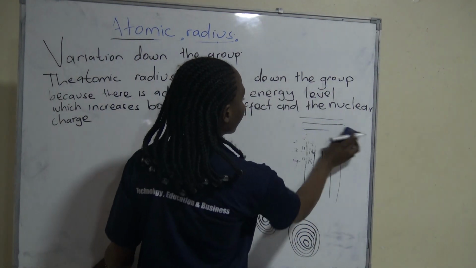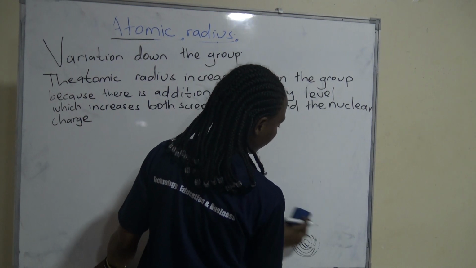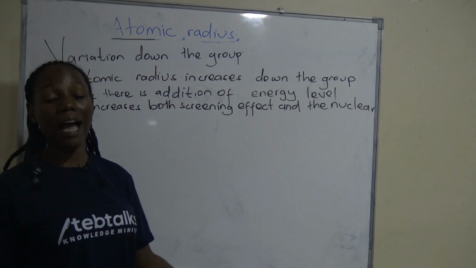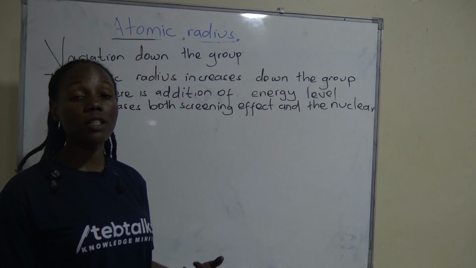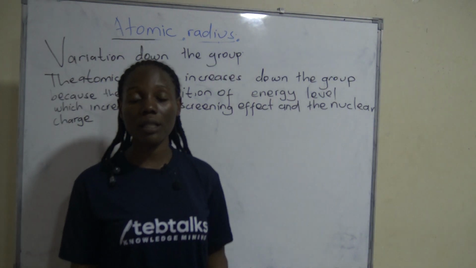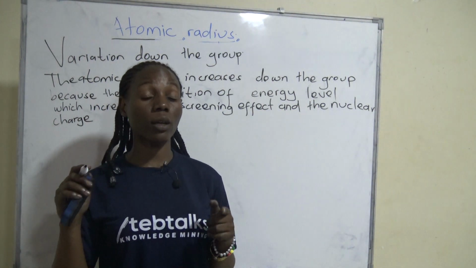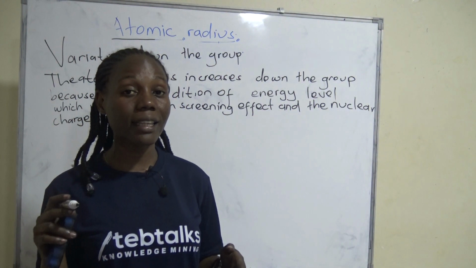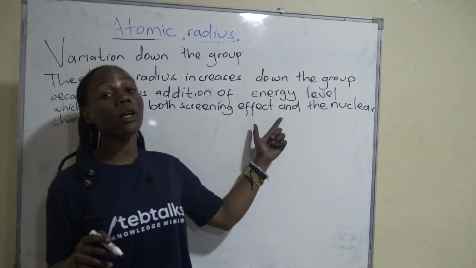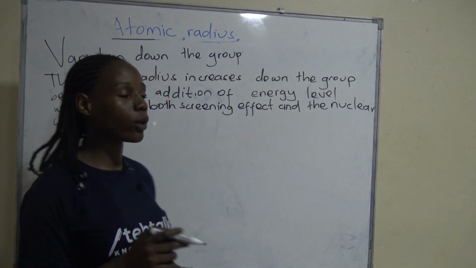Both the screening effect and the nuclear charge increase. However, we know that nuclear charge is the addition of electrons. But here we still have only 1 electron in the outermost shell, which means we have only added the shell, we have not increased the number of electrons in that shell. That means the screening effect will increase and the nuclear charge effect will kind of decrease.